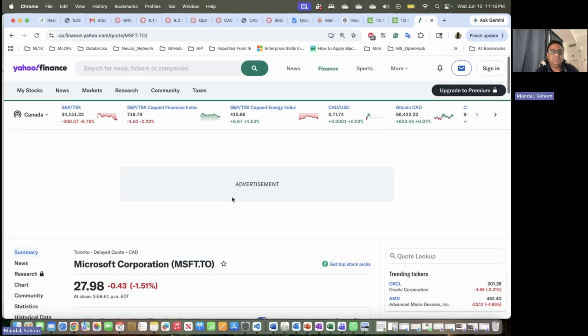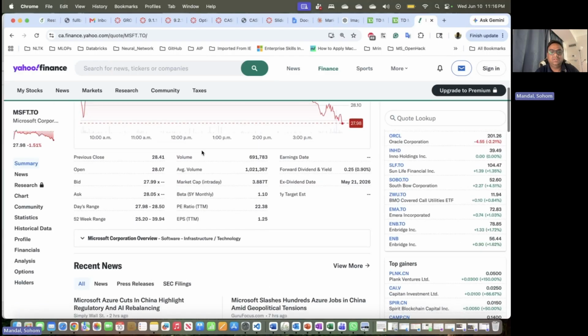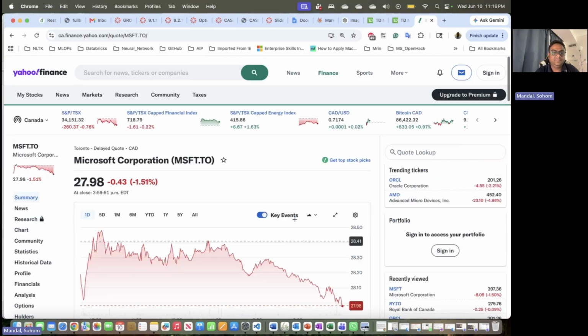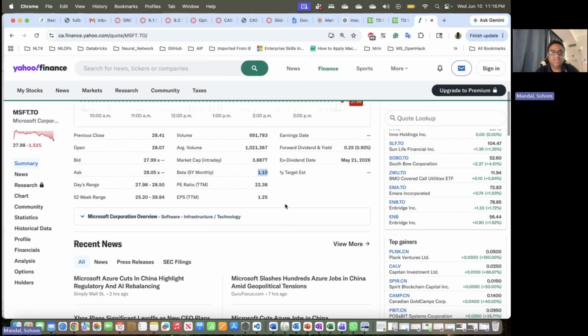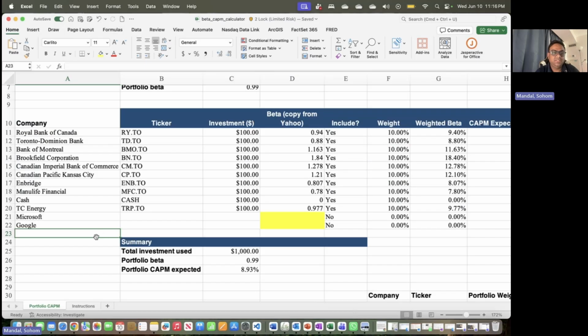So we have Microsoft Toronto, which is lower, but the monthly beta is 1.1. This is the Canadian version of it. So let's go back to the Excel sheet.